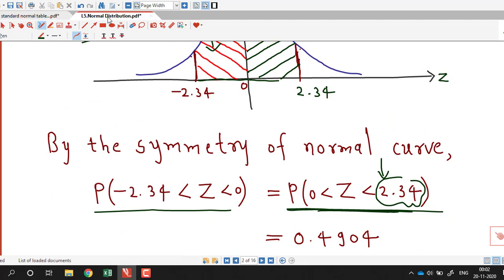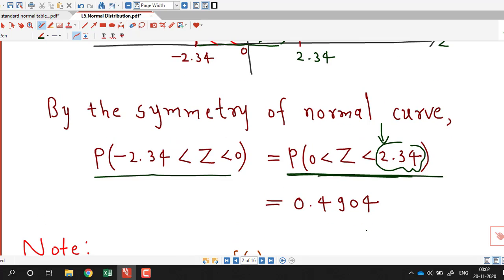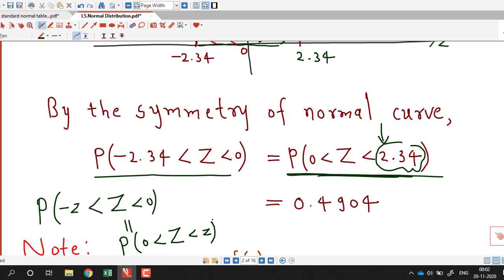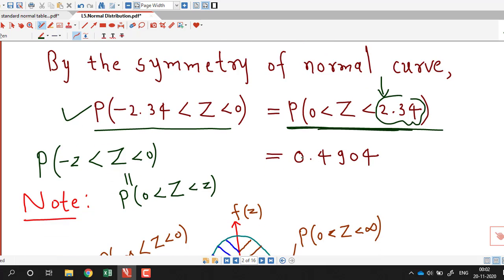So we substitute that value here, 0.4904. In this way we can write, for any z value, the probability that minus z less than capital Z less than 0 is nothing but the probability that 0 less than capital Z less than small z, by the symmetry of the normal curve. So we are using that symmetry property of the normal curve here.